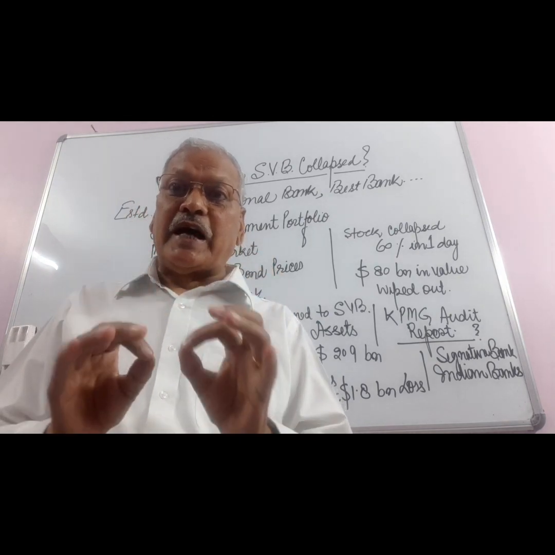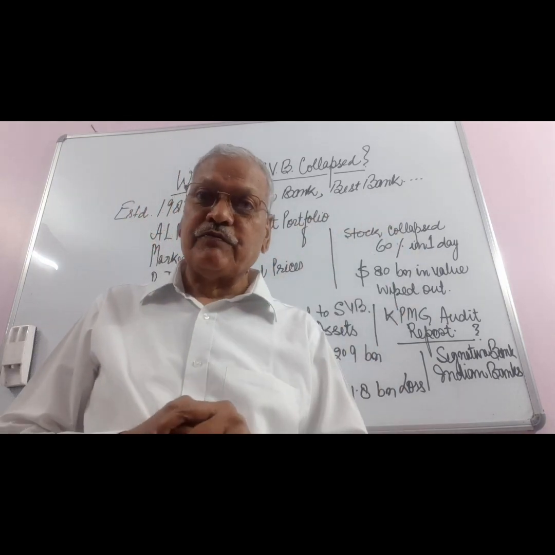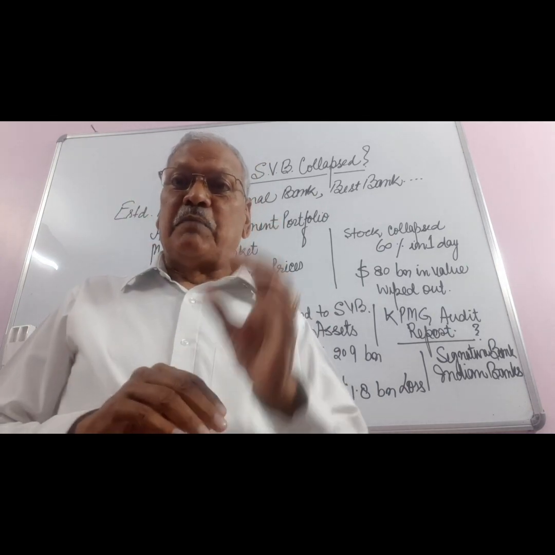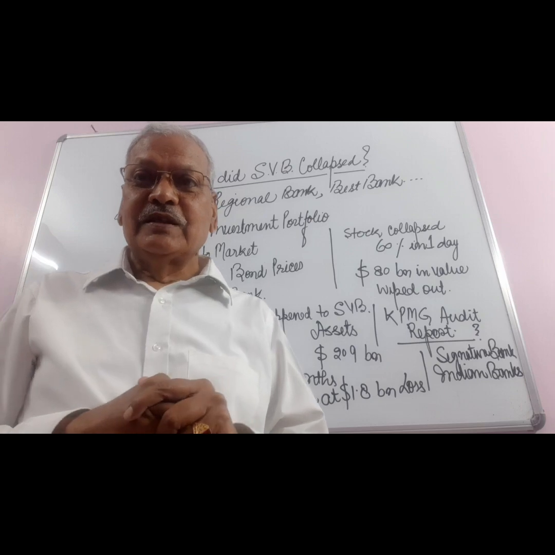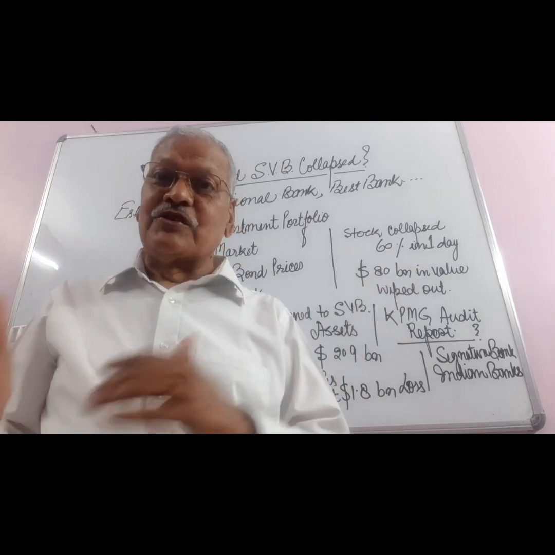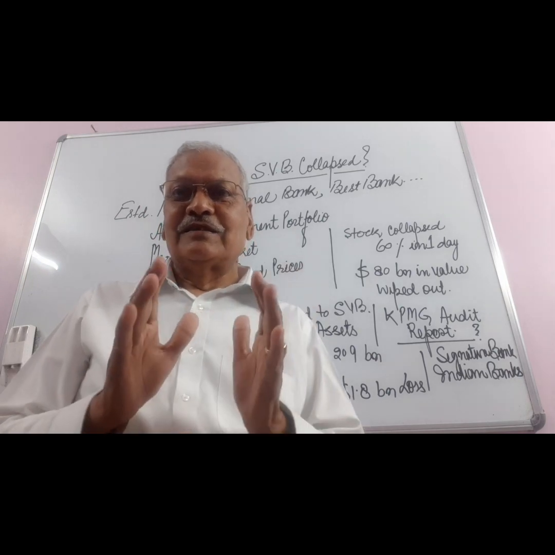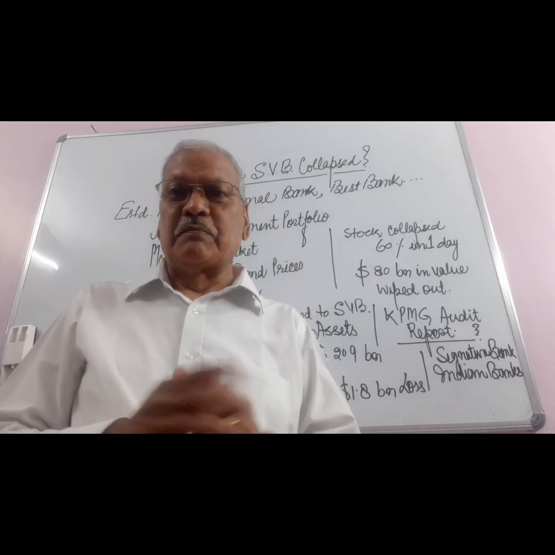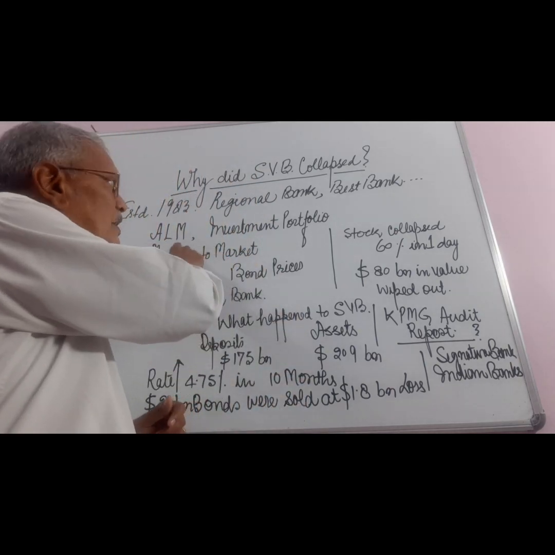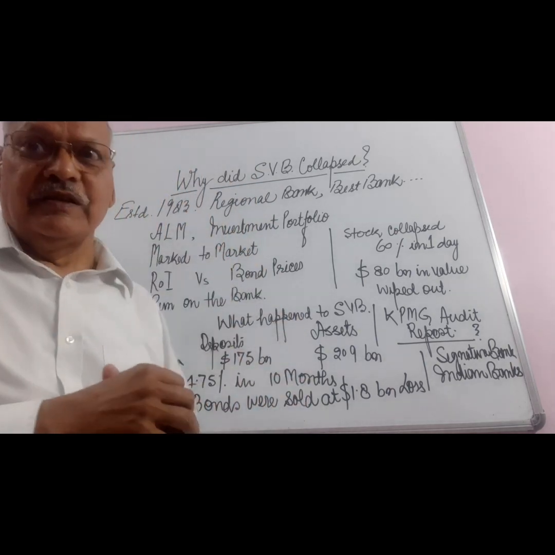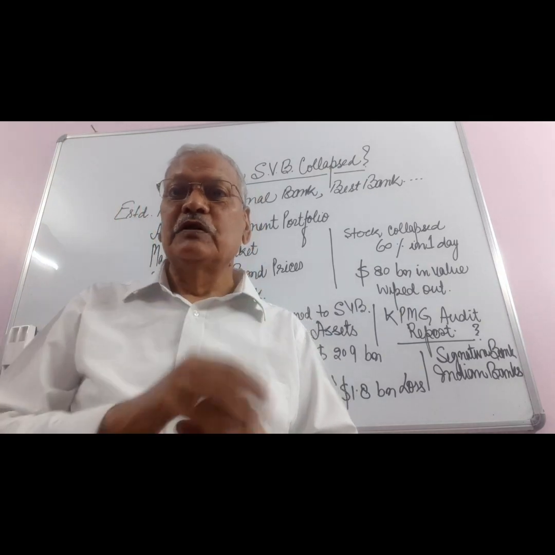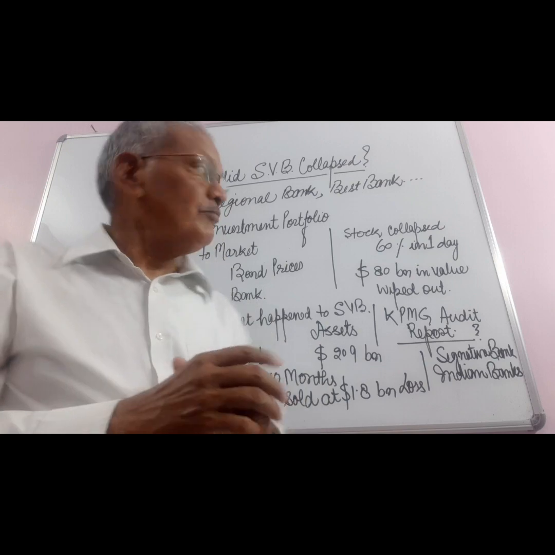In case we deny the payment to our depositors, the trust and the faith in the banking institution shakes, and it results in the collapse of a bank. The bank may fail. That is asset and liability management, which is very important from the short-term liquidity point of view for a bank.